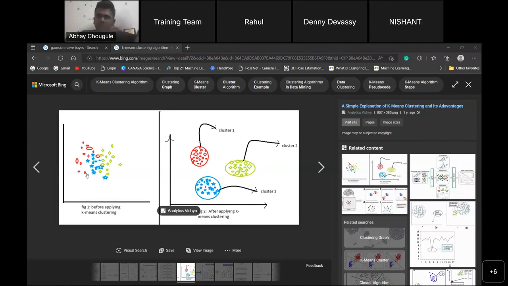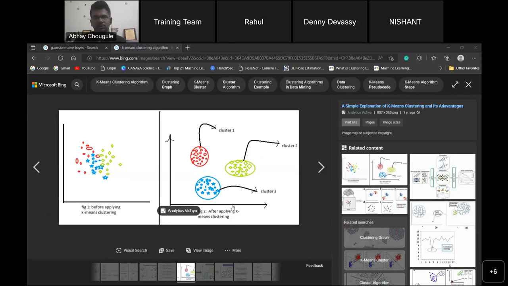So every cluster will have its own center point, and it will create clusters of similar data points. There we have the different observations and the center points. Every cluster has its name: cluster 1, cluster 2, cluster 3.